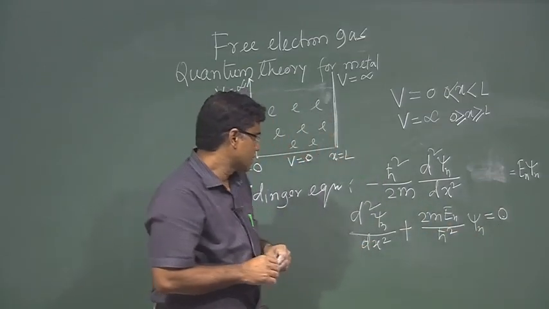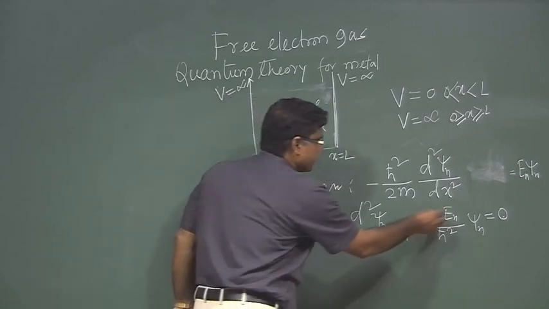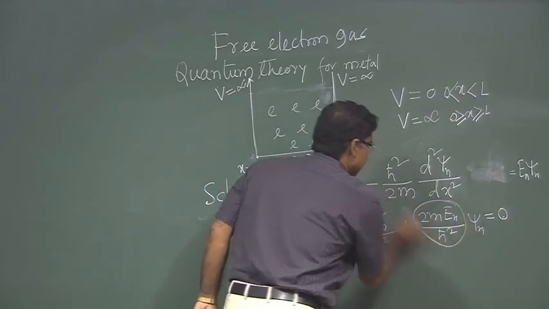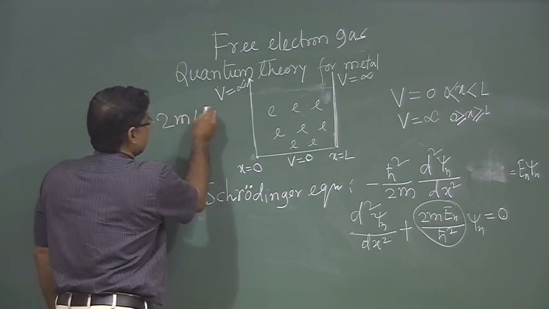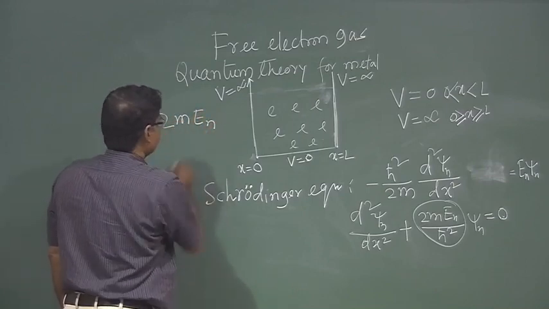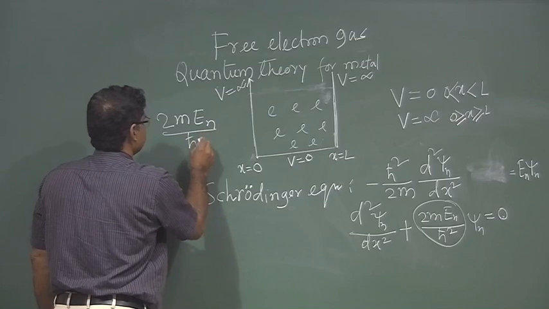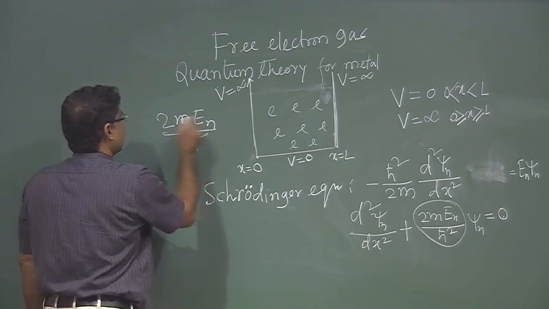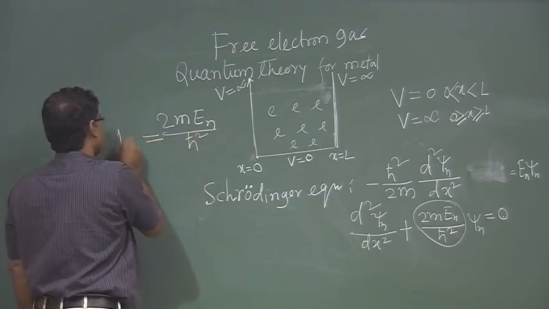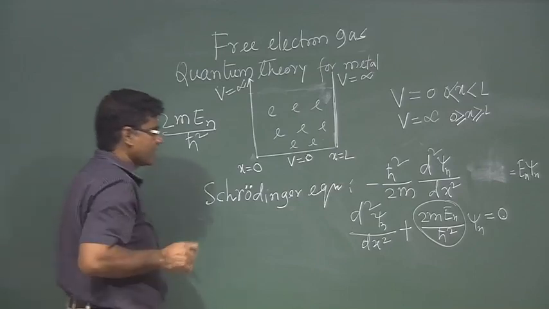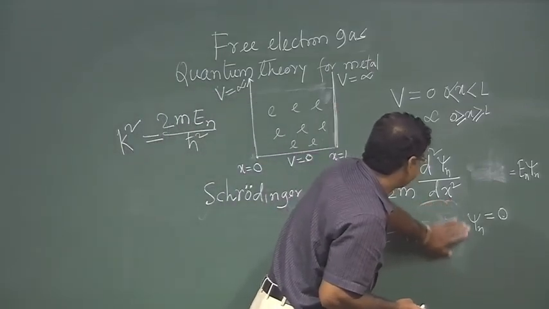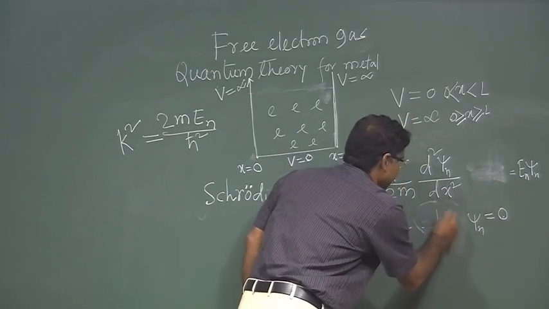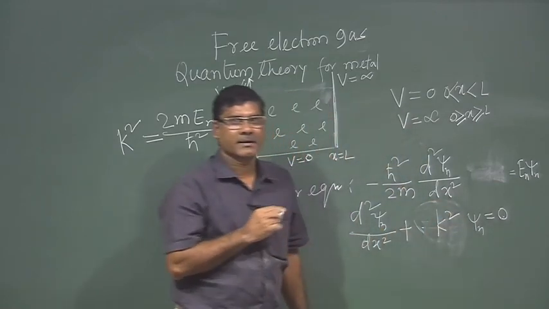If I take this as one parameter, 2m E n by h cross square equal to some k square, what is k square? That we will see. So, I can write then this is k square psi n.